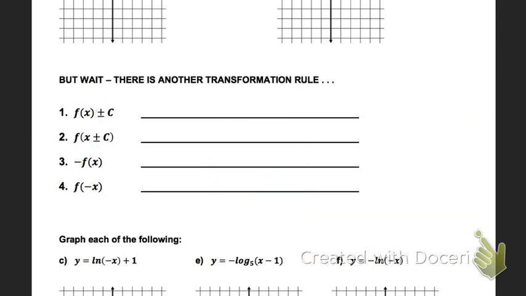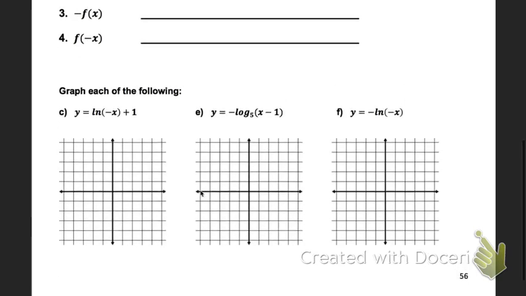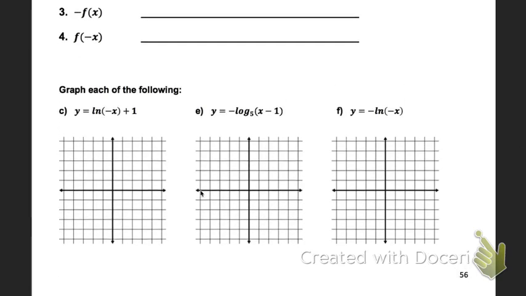Okay, let's do some. So try C. Remember that our rule is we always flip first, and then we go left, right, up, down. So flip first. So I'm gonna start at 1, 0.